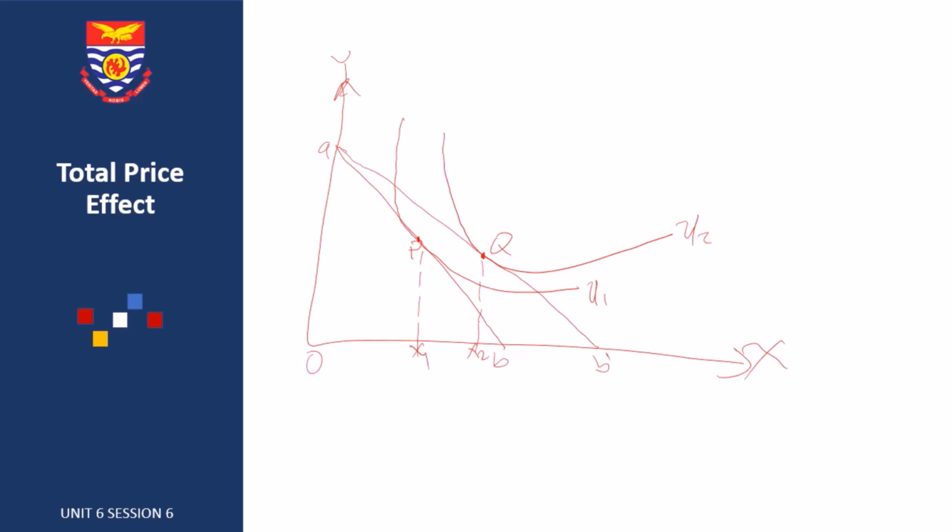Now let's talk about the diagram. With a fall in the price of X, we see that the consumer would now demand more of X, so there's going to be a shift outside, to the right. Let me use the word rotate for price change.